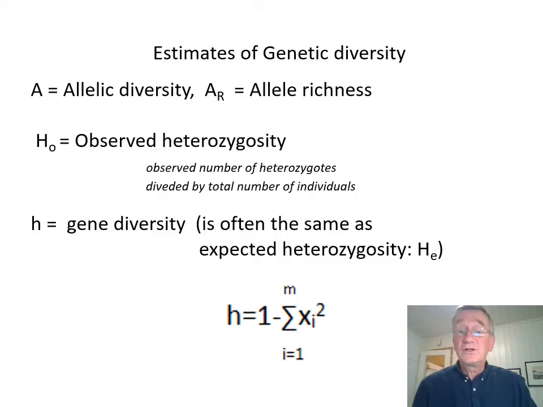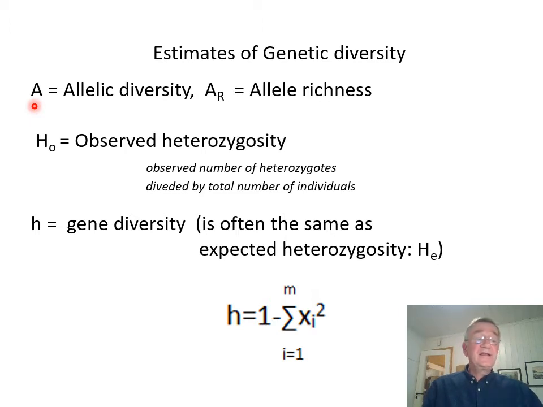Well, we are talking about genetic diversity in populations, and then it is important to have some definitions or methods for how we can estimate this genetic diversity. We see here a couple of ways of describing diversity. One possibility is A, which means allelic diversity.